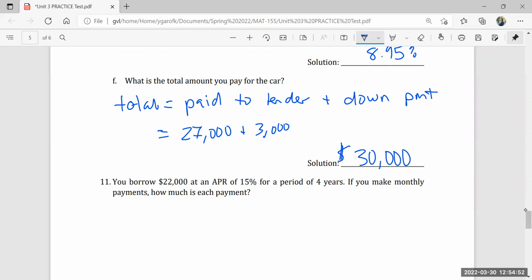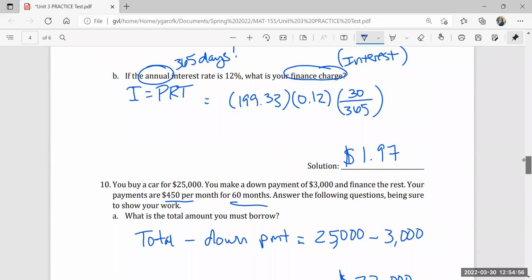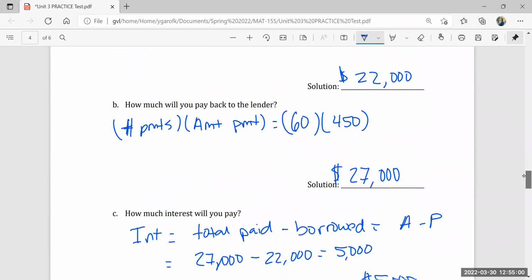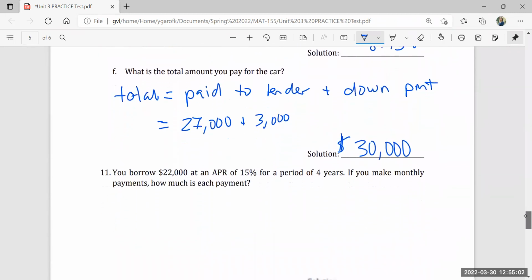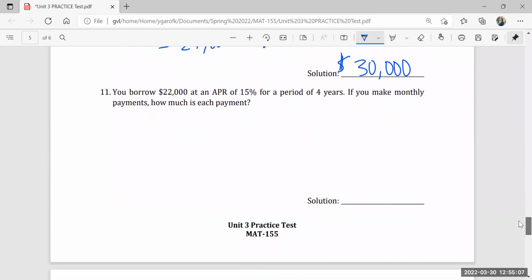So that car, even though it was a $25,000 car, you are going to end up paying $30,000 for it, and that's in your interest.